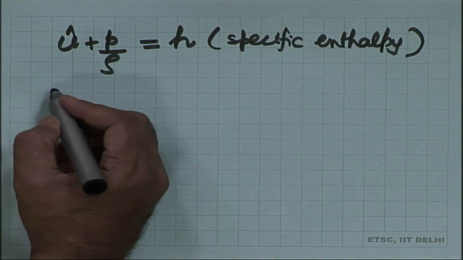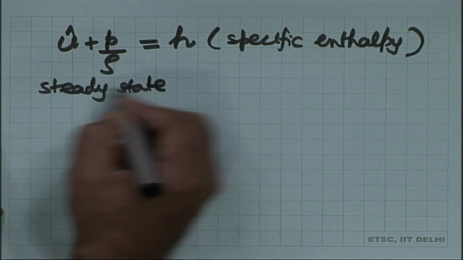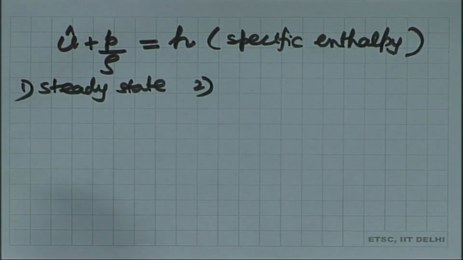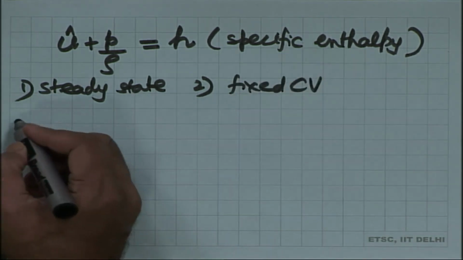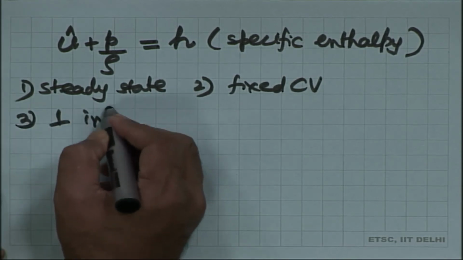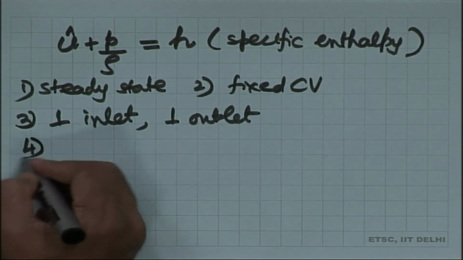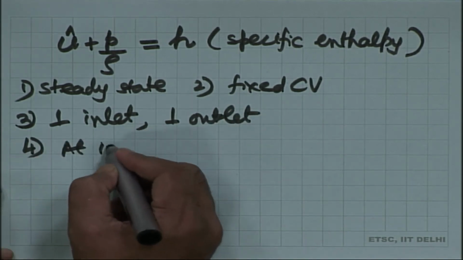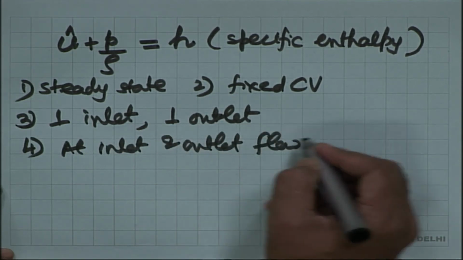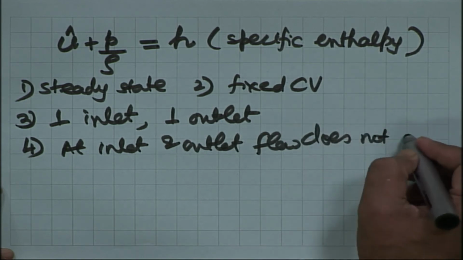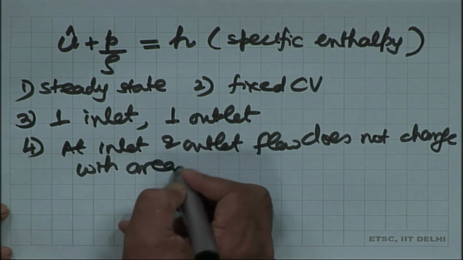We are considering, 1, steady state flow. 2, a flow with a fixed control volume. 3, there is only one inlet, one outlet, and 4th, at inlet and outlet flow does not change with area.